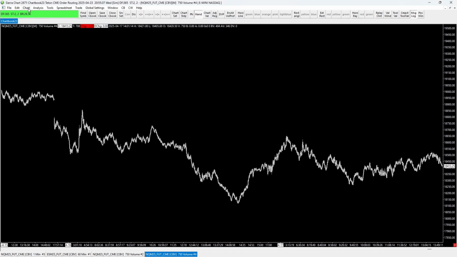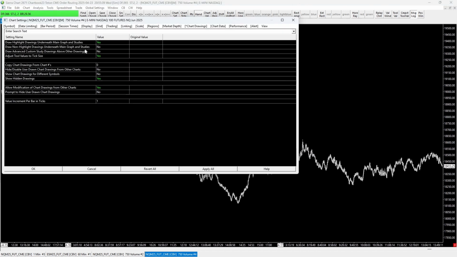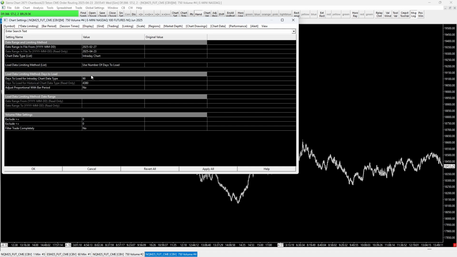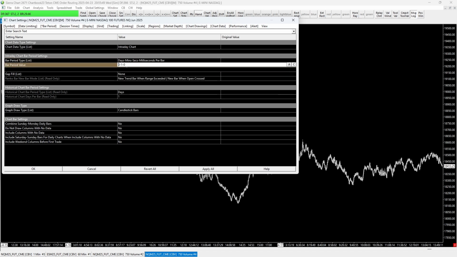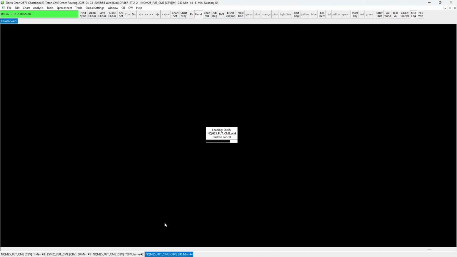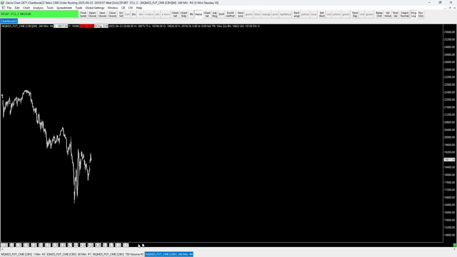So if we want to do the Flurry method, which is look at the leg we're in on a daily chart, or we could go up to 4 hours, which would give us a decent look at the higher structure.